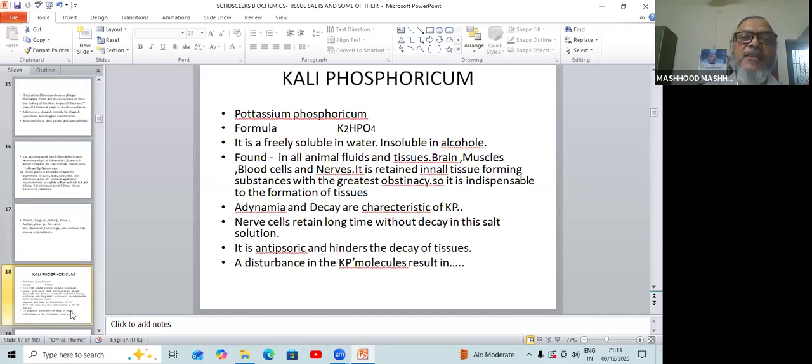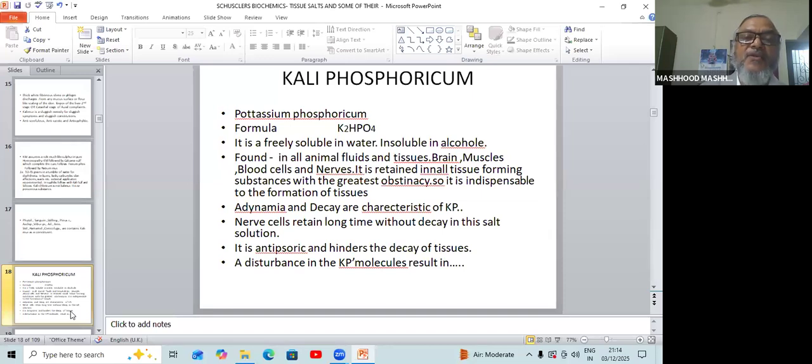Next one is Kali phosphoricum. Potassium phosphate, formula K2HPO4. Here also a PO4 radical is there in between. There is a very good chance of the hydrogen, while dissolving this salt Kali phosphoricum, readily making this acid hydrogen available for the removal of negative radicals.